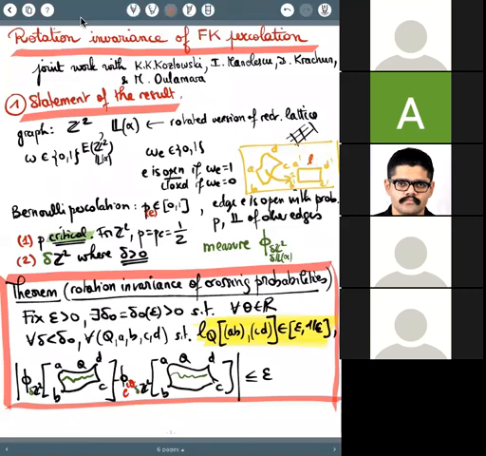So this L is determined by my original domain. This L is exactly what we call the extremal length of my domain.